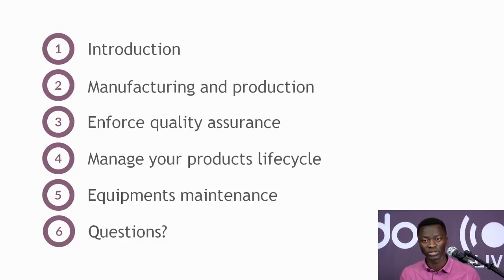Then, since you're a production company, you might also want to maintain your equipment to make sure that you're getting the most out of it by improving the uptime of those equipments. If an equipment is down for any reason, you want to make sure that you alert the appropriate people so that they fix it and you can get back to business, right? You also want to schedule preventive maintenance so that your equipment has a longer lifespan.